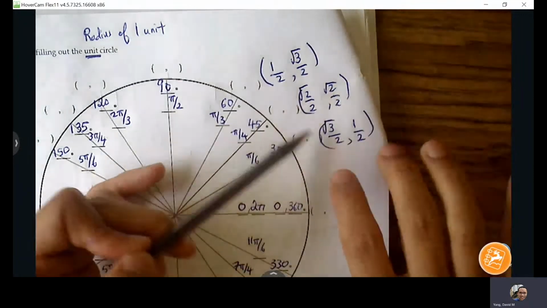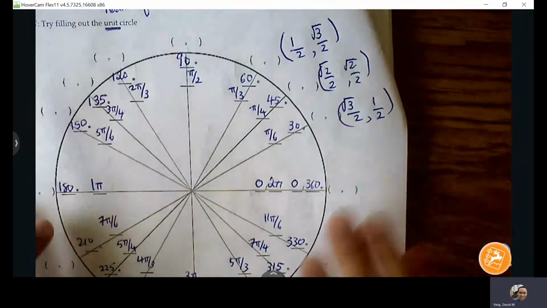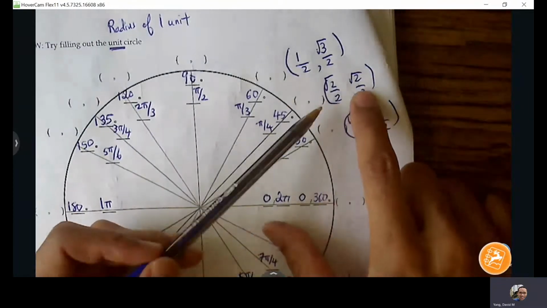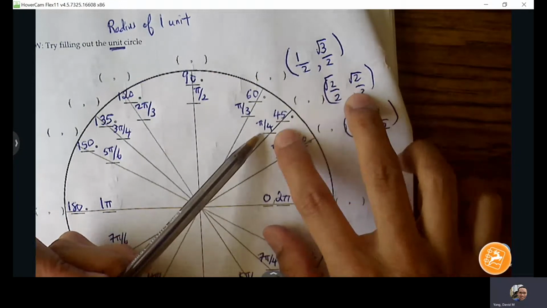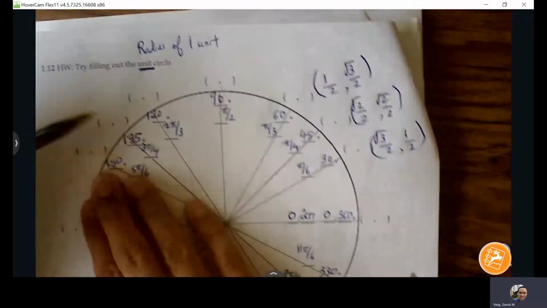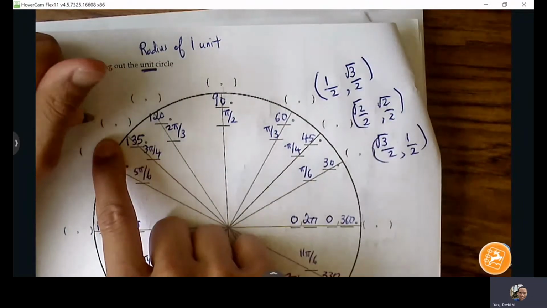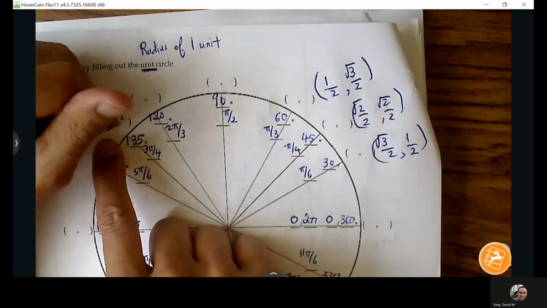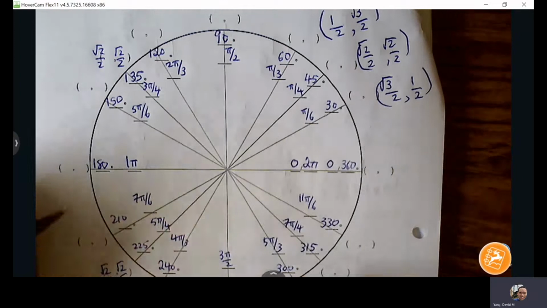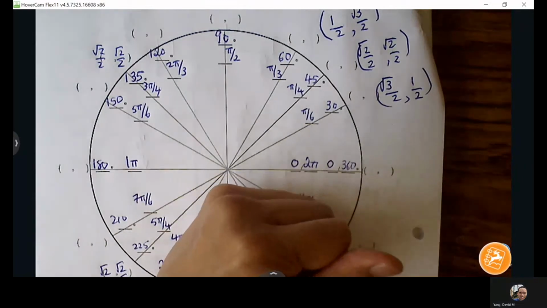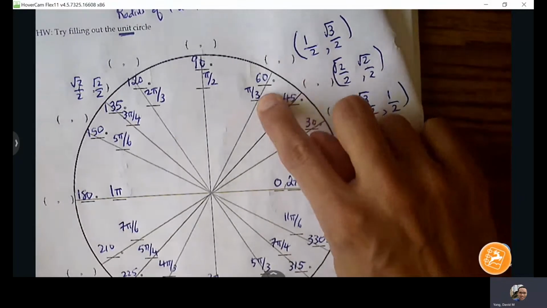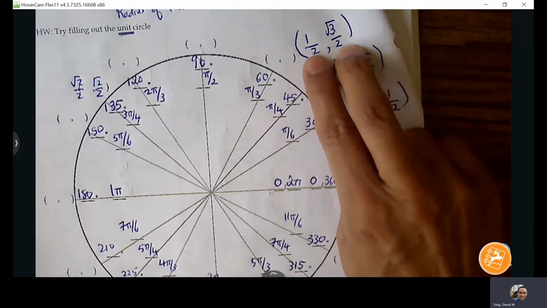Okay. Now, all these ordered pairs will just keep duplicating themselves all across the rest of the unit circle. So everything with pi over 4, anything with a 4 in the denominator, will have these ordered pairs. So I'm going to copy everything with the 4 in the denominator. Basically, all the middle angles are going to have root 2 over 2. Anything with a 3 in the denominator will have this ordered pair, 1/2, root 3 over 2.